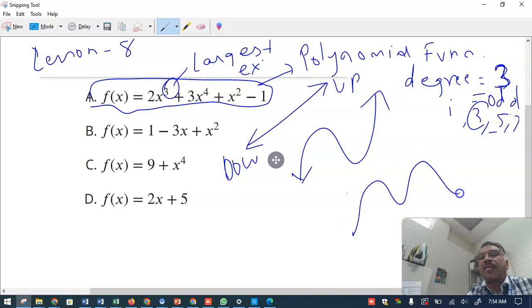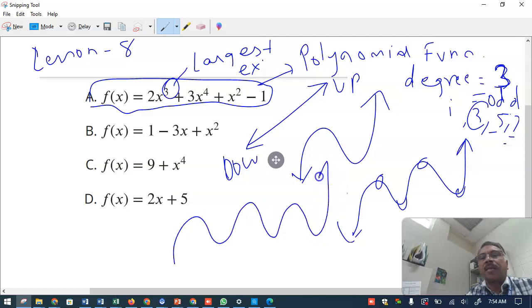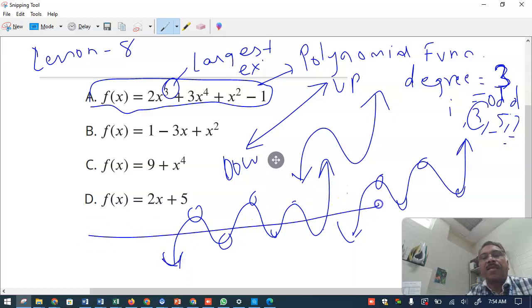If it is 5, it goes this way, so it takes 1, 2, 3, 4 turns. If it is 7, it becomes like this, so there will be 6 turns. So suppose I do it this way. It means as x becomes a very large positive number, y goes on increasing to plus infinity, and that's what that means.